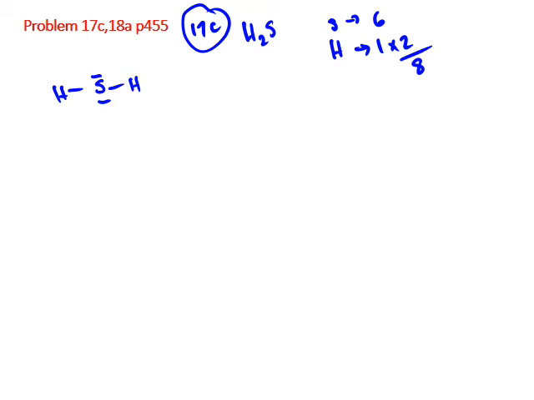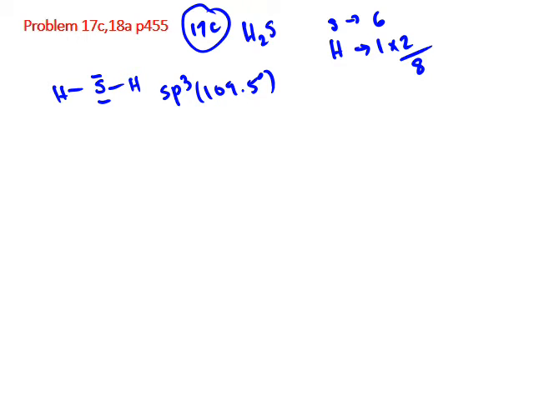Now let's figure out the shape based on the number of electron pairs. I have 4 electron pairs, and that means hybridization is going to be sp3. Remember that you need to combine 4 orbitals because you need 1 hybrid orbital for each electron pair. So sp3 goes with 109.5 degrees. So this cannot be a straight line or linear molecule. It has to be a bent molecule because to be linear, the angle has to be 180 degrees.